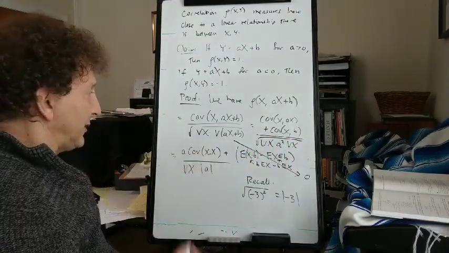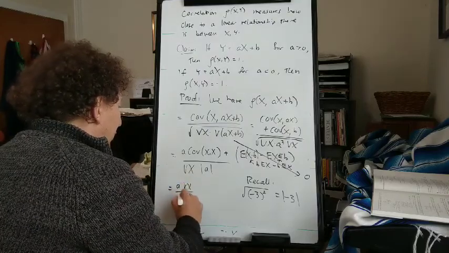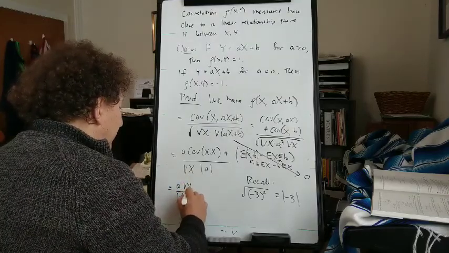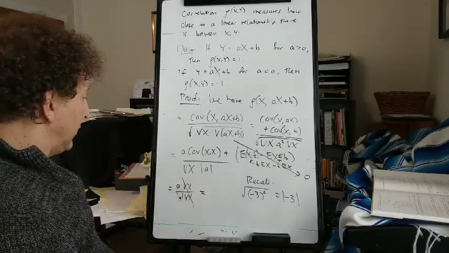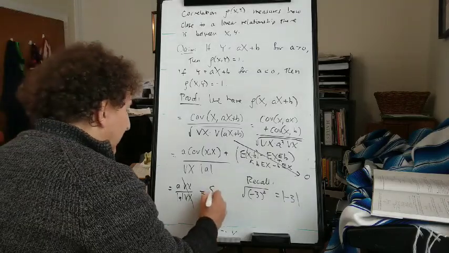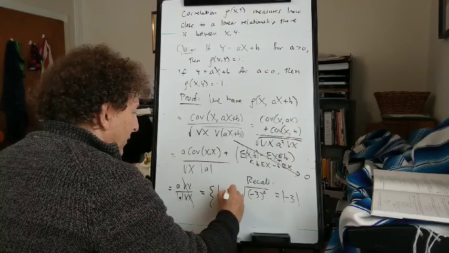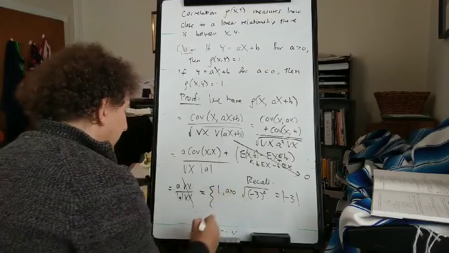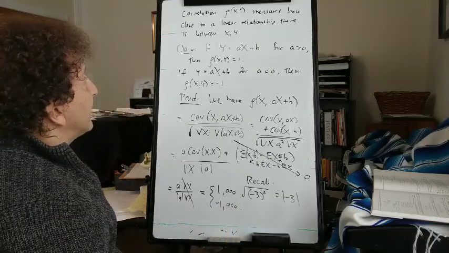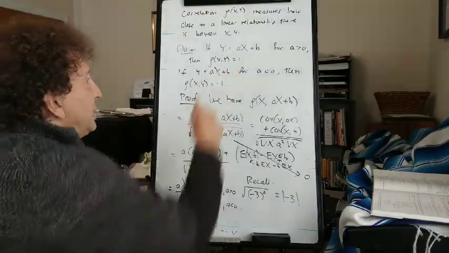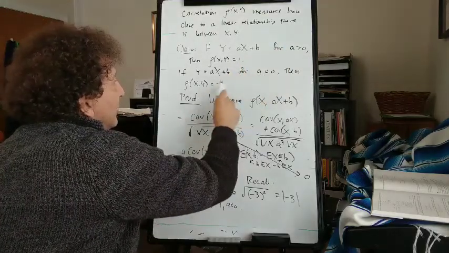The covariance of x with itself, we said last time, is just variance. So we have a times variance of x over the absolute value of a times variance of x. Variance of x and variance of x cancel, and this is going to be either 1 or negative 1. If a is positive, it's going to be 1. And if a is negative, it's going to be negative 1. And that's precisely what the claim says. When a is positive, we get positive 1. When a is negative, we get negative 1.